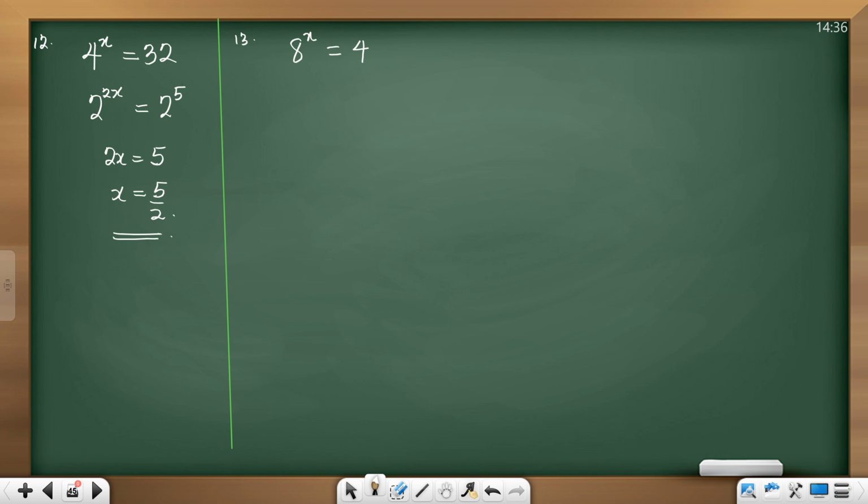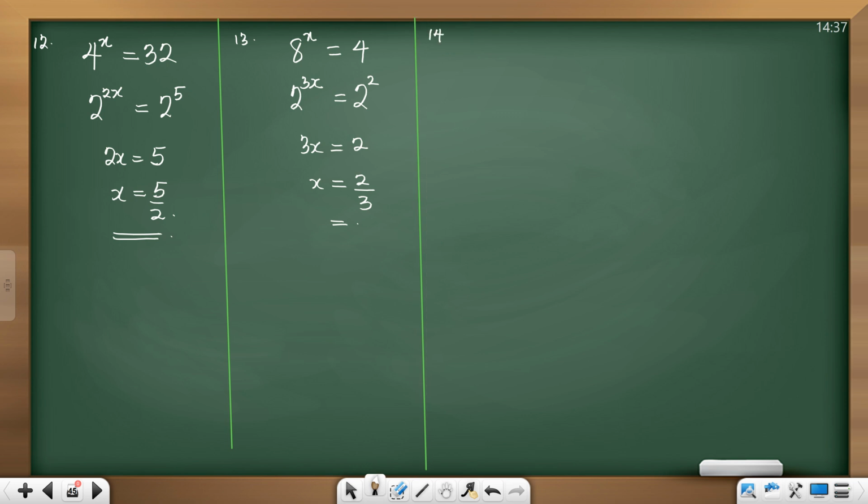Okay, but can I write both of them as a base of 2? Always go to the smallest numbers. They're always very helpful. 8 can be written as 2 to the power 3, but I have x there. Oh, and this can be written as 2 to the power 2. Beautiful. Both of them now have the base of 2, so equate the powers. What is happening? The 3 is multiplying the x. Oh, so it's going to divide. Case closed.